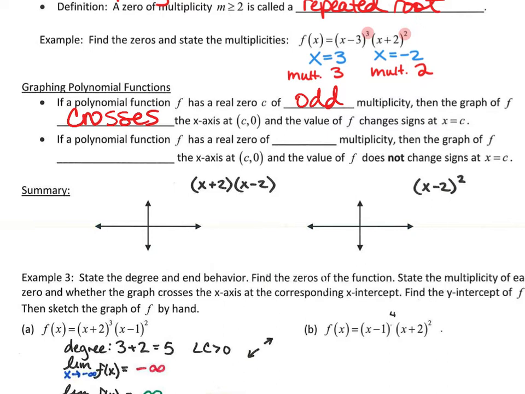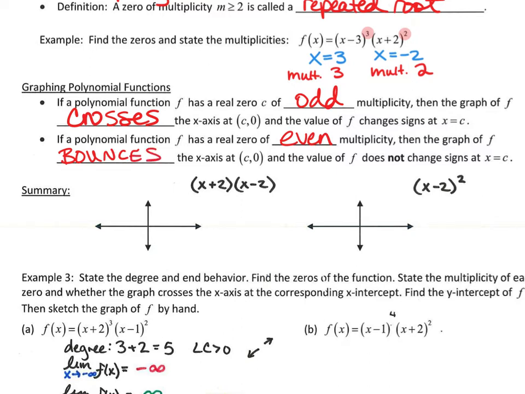So really the main thing you need to know is at that zero, it crosses. But if the polynomial function has a real zero of even multiplicity, meaning it's 2 or 4 or 6, then the graph does not cross. In fact, it just bounces off of the axis at that point. It does not change signs.